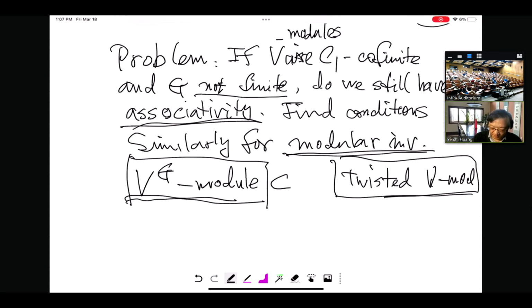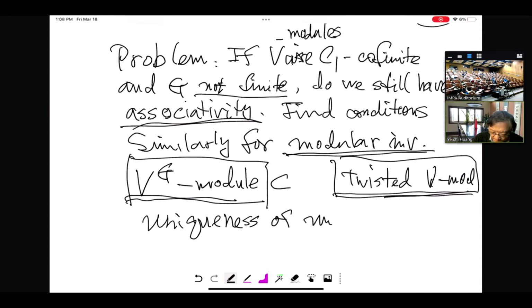Because for twisted modules, at least as a conjecture, it is much easier to conjecture than for V^G modules, because everything is supposed to be analogous. And one reason why this strategy might be useful is the following: for vertex algebras, there is the uniqueness of the moonshine module.